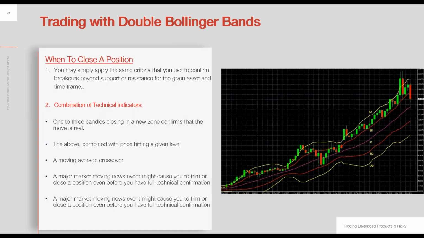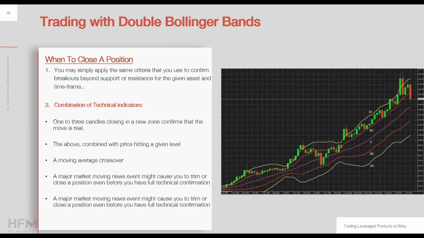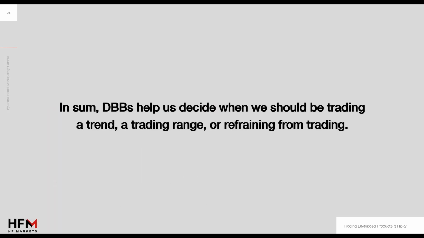I'm going to call it a day because unfortunately I need to run. Please read the rest of the slides and let me know about anything you don't understand. If I need to summarize the webinar today, using double Bollingers will help you decide when you should be trading a trend, trading a range, or refraining from trading.